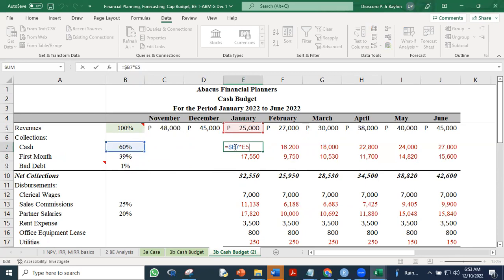You notice here the formula is $B7. I'm fixing the column so that it will not go out of this column. But it needs to also go to the row. That's why I'm not fixing the row. So the sales of 25,000 in January, 60% of that was collected in January.